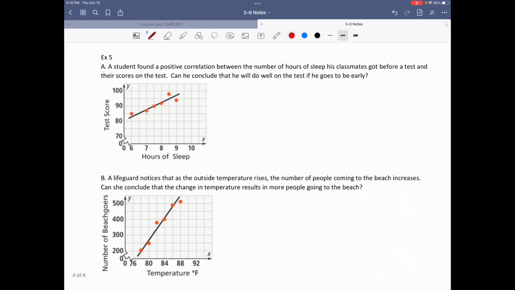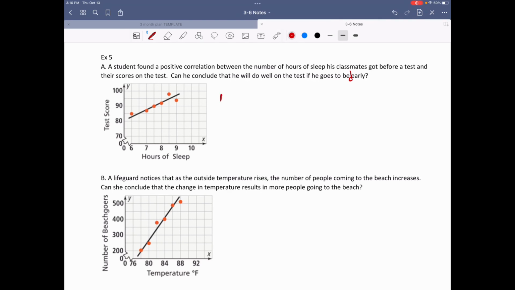Example 5. A student found a positive correlation between the number of hours of sleep his classmates got before a test and their scores on the test. Can he conclude that he will do well on the test if he goes to bed early? Does yours have a typo? Goes to bed early. Well, maybe going to bed early might help him on the test, but staying up late and studying might also help him on the test.